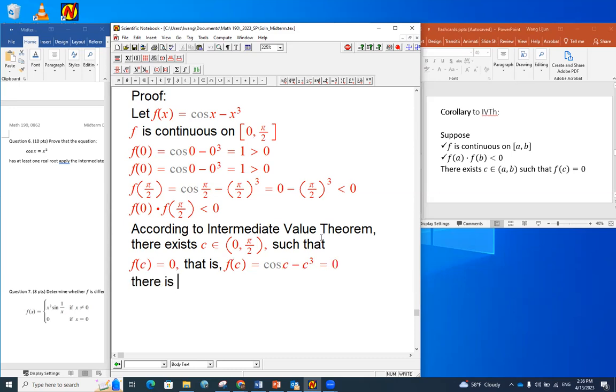And you can also say there is at least one root c. If you like, by this time you already finished.